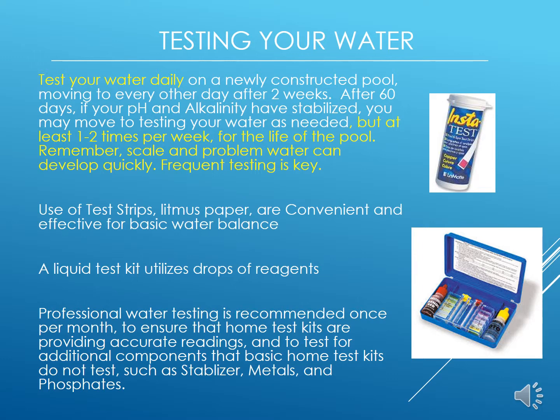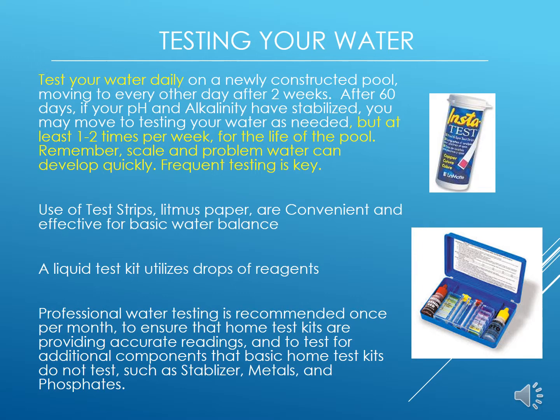You may use test strips that are very convenient and effective for basic water balance. You can also use a liquid test kit with reagent drops, and you check the colors against a chart that will give you your proper alkalinity, pH, and chlorine levels. But we do recommend professional water testing at least once a month.